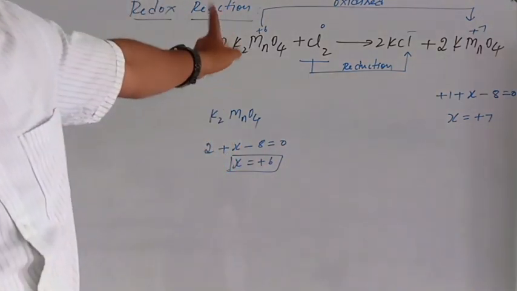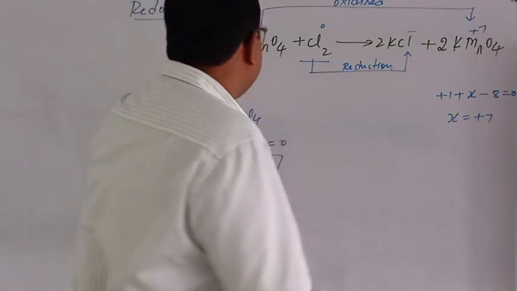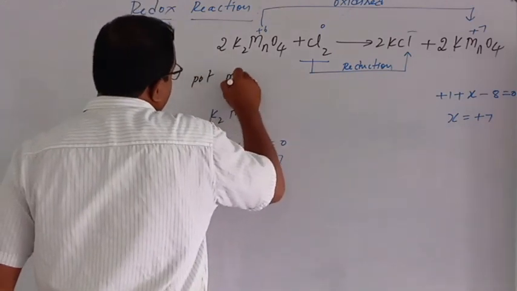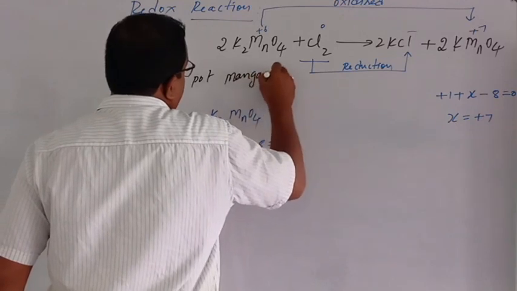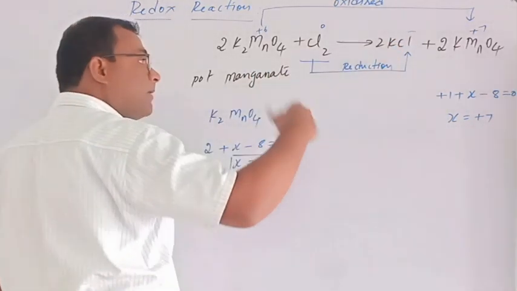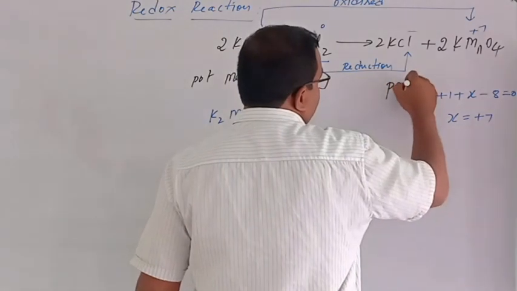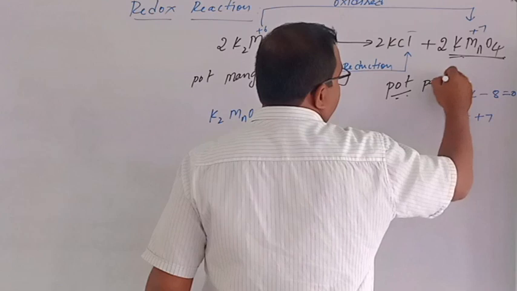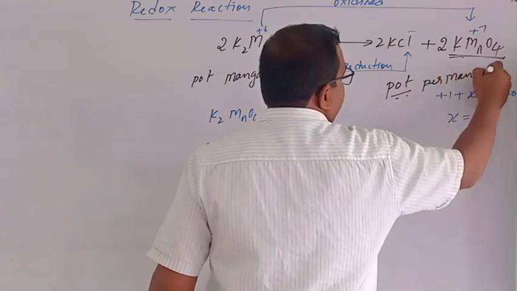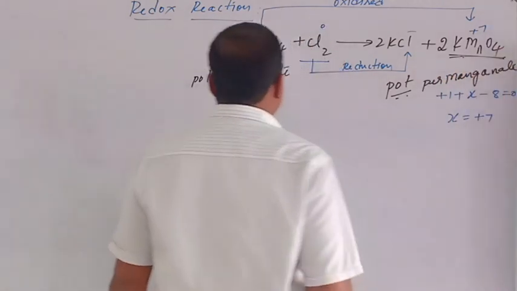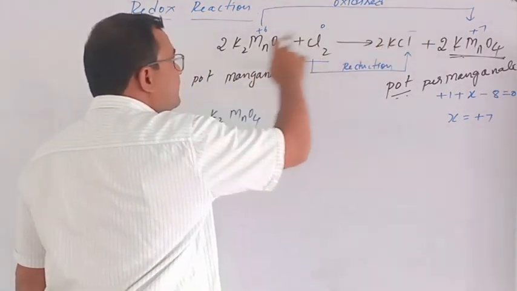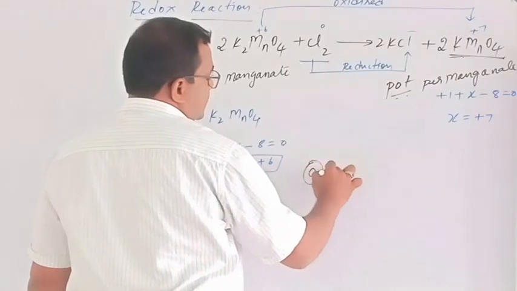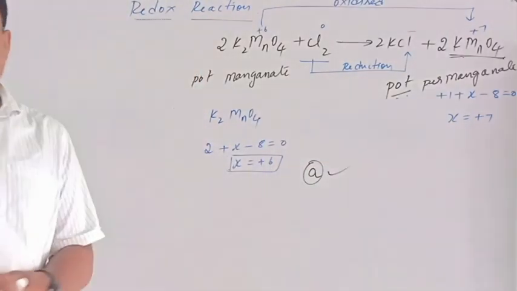This is potassium manganate, and this is called potassium permanganate. So potassium manganate gets oxidized, plus 6 to plus 7. So the correct option is option A.